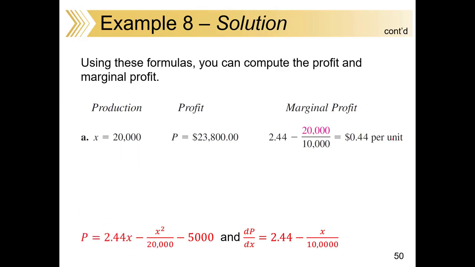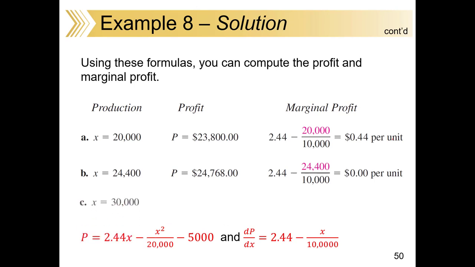And there's the marginal profit. Put that in the derivative for x. And notice that at 24,400 units, if you make one more hamburger, you're not making any extra money at all. So you might not want to go over that.